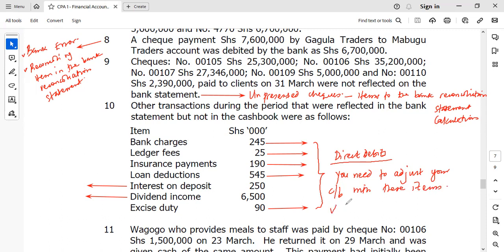Credit the adjusted cash book. Then these direct credits that were made, these are direct credits to be debited.